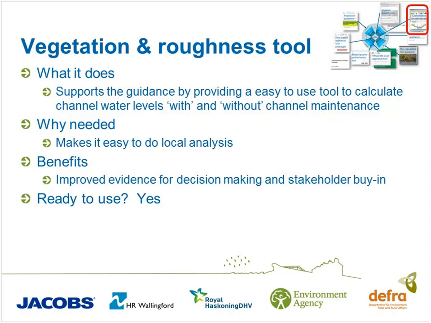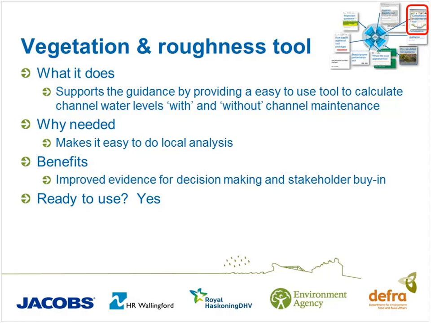You tell it what sort of vegetation and sediment it has, and then you can try different amounts of maintenance, essentially vegetation cutting, and it will tell you how the water levels will change for a particular flow. You decide what flow you're going to use to drive this, such as a 1 in 10-year flow. So it's a structured way of working that through and should help with the evidence for the decision making, and hopefully help people understand why that particular decision on the change in maintenance is going to occur.